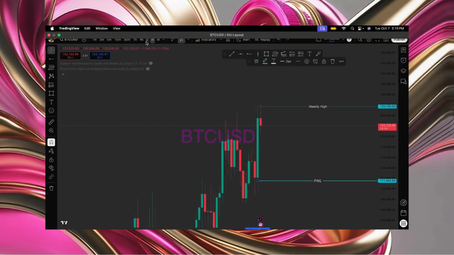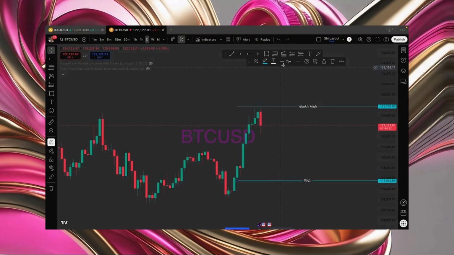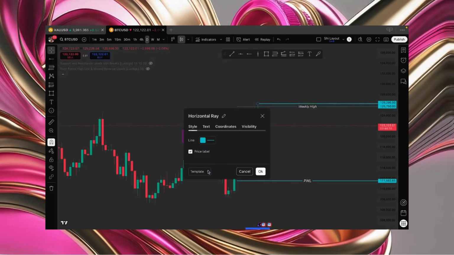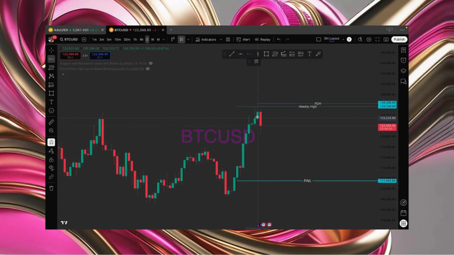then I go to my daily high and I mark up my previous day high, and I also mark up my previous day low. Okay.